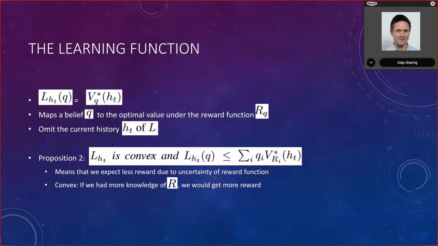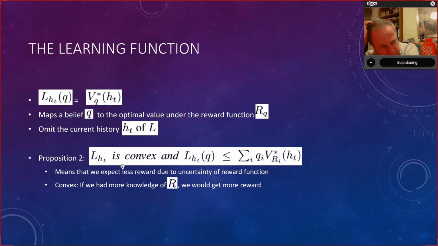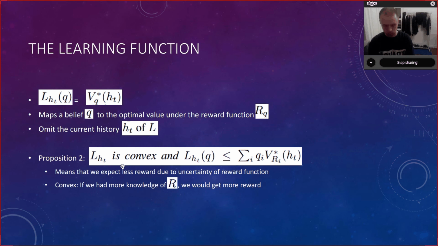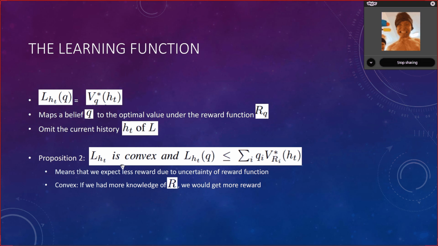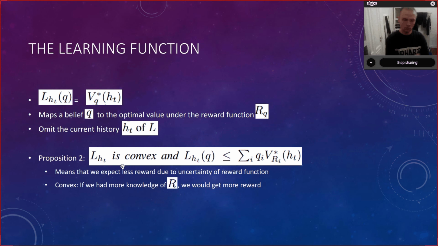The fact that it's convex, convexity is a geometric concept, and the way I interpret this is that if we had more knowledge about what the reward function is, then we would get more reward. We would have at least as much reward as we get, and probably more, if we knew more about the reward function.